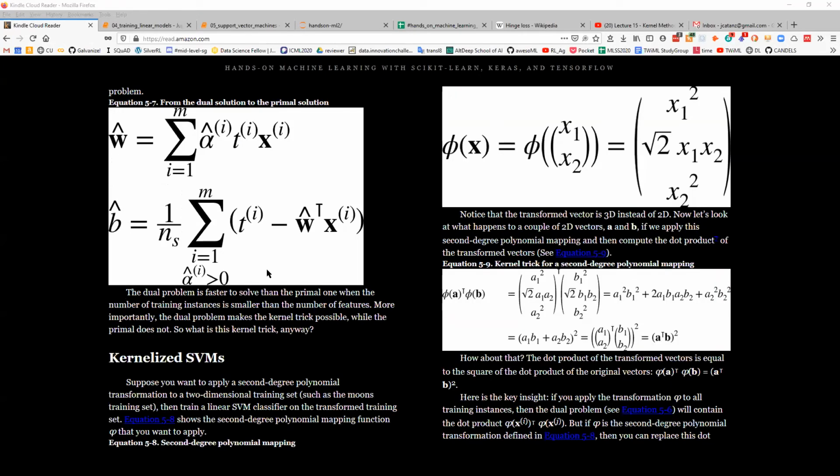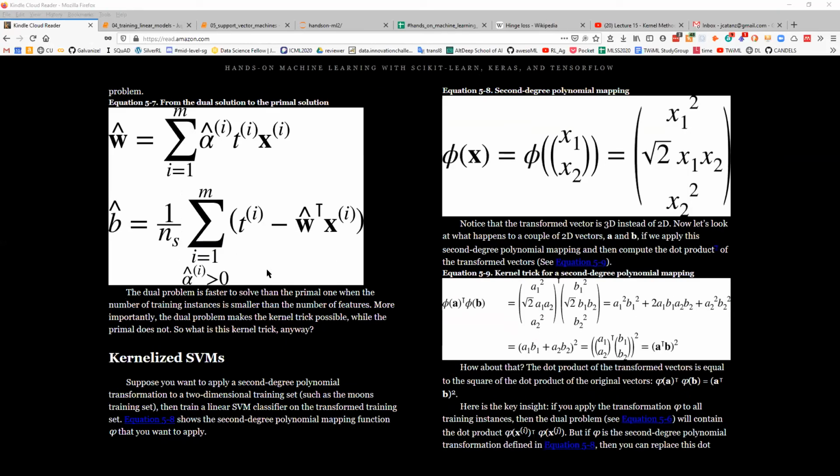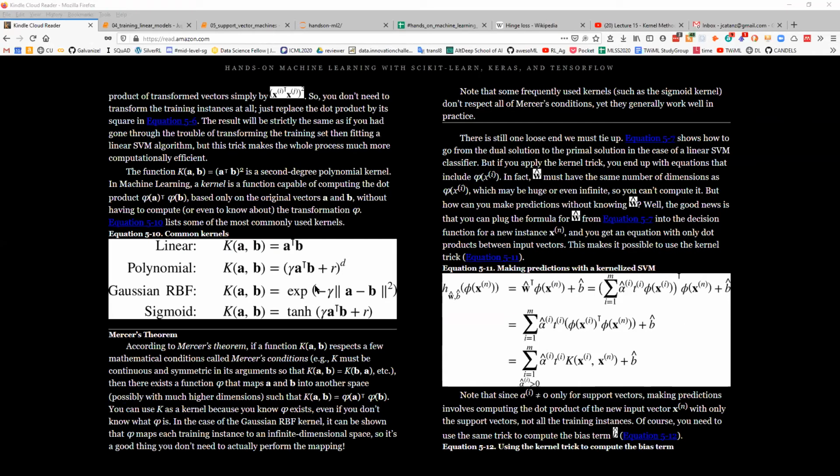I'm sure that people work with fancy kernels that are more applicable to their problems, and once you come up with something and you show that it satisfies Mercer's conditions, then you can go ahead and use it as a kernel. I don't know anything about that art, but this is kind of like the Swiss Army knife of kernels: most problems can be attacked with the Gaussian radial basis function kernel, and it works very well.